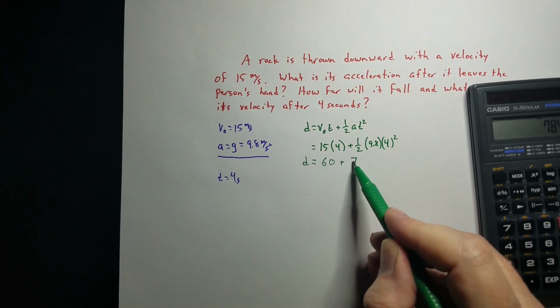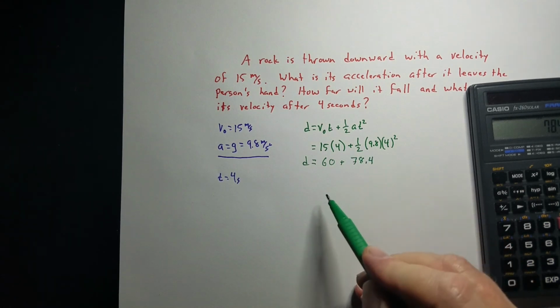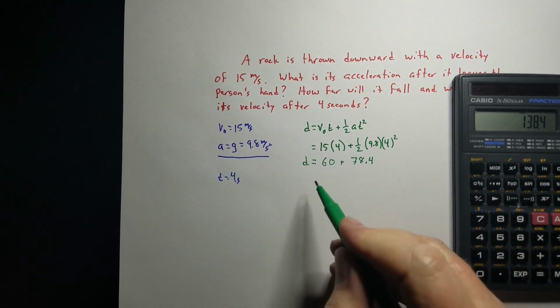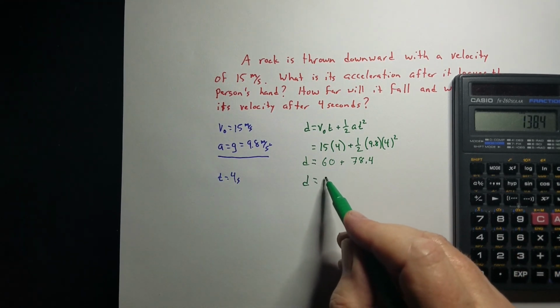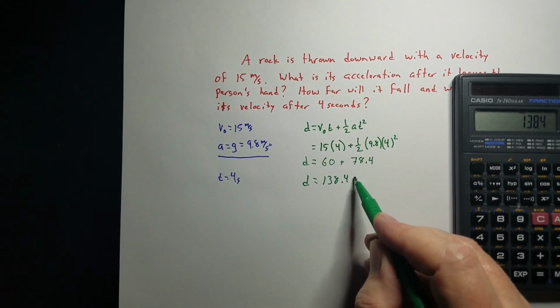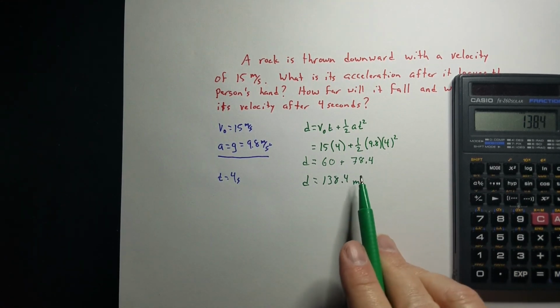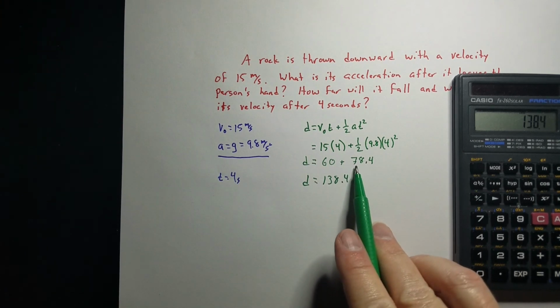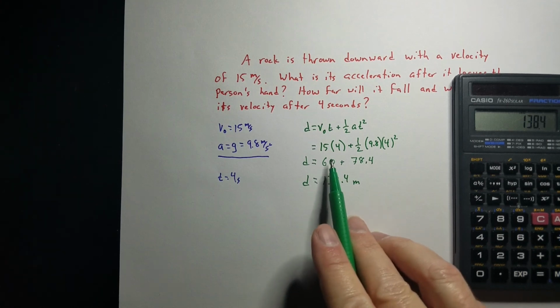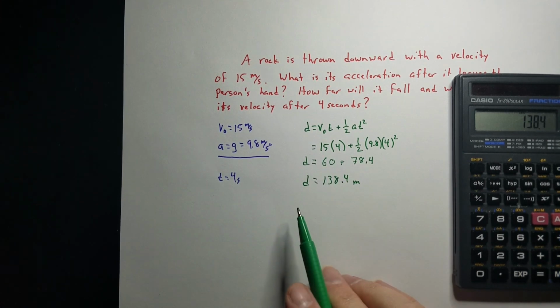We get 78.4, and just add the 60 to it, we get a distance of 138.4 meters. It would have, if you just dropped it, only fell 78.4 meters, but because we threw it down and it had that initial velocity, it fell an extra 60.